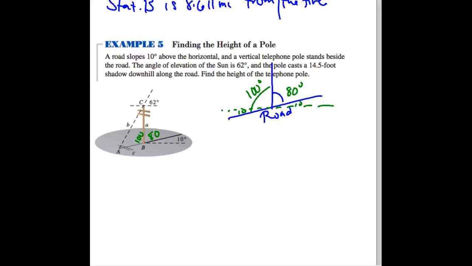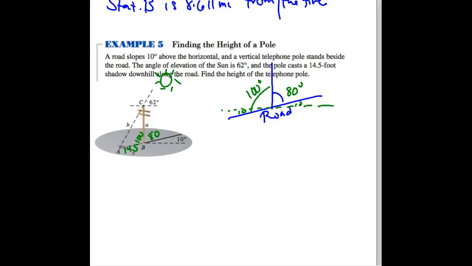What did they tell us about the shadow? Okay, so the sun is up here, right? Casting a shadow down the road. So this is 14.5 feet. Now, we need to find angle A because we're trying to find side A. So we have to pair those up.